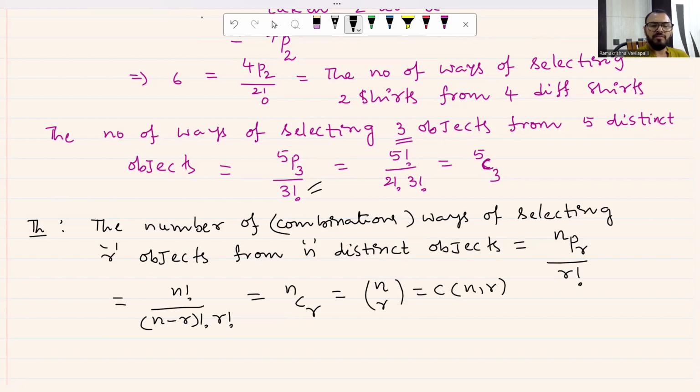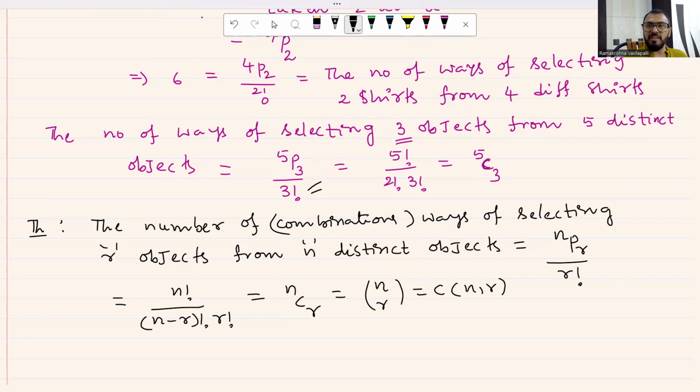For example, there are 5 persons. The number of ways of selecting 2 persons out of 5 persons is 5C2. For example, there are 13 cricket players who got selection for the Indian team, right? For a match, they have to take only 11 players.